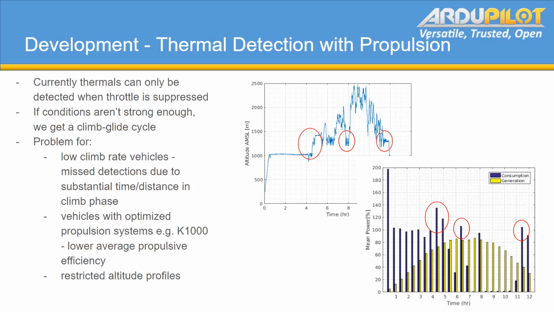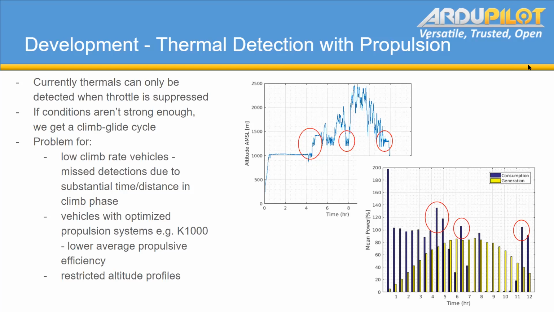Then it happens again towards the end of the day when the thermals start to taper off, and all three of those occurrences are accompanied by an increase in the average power consumption. The yellow is the solar generation for this vehicle, so not relevant to this discussion.